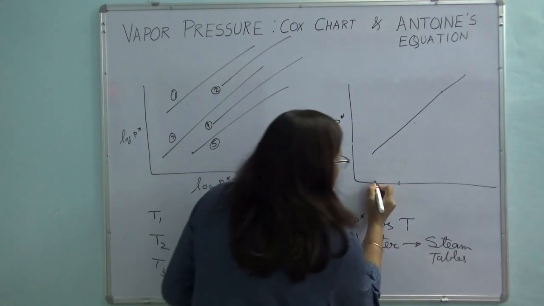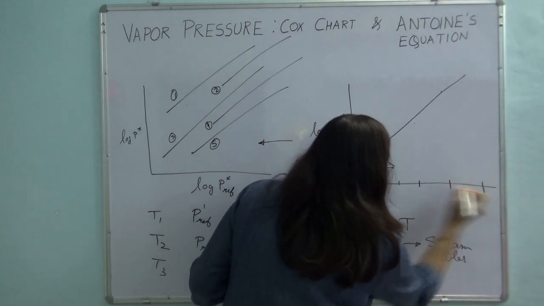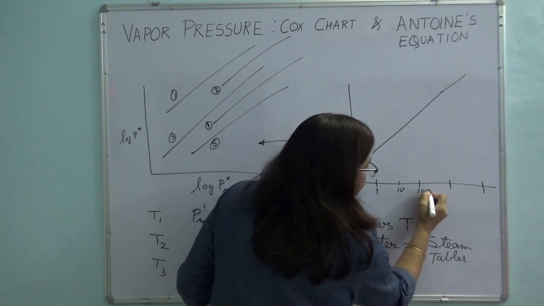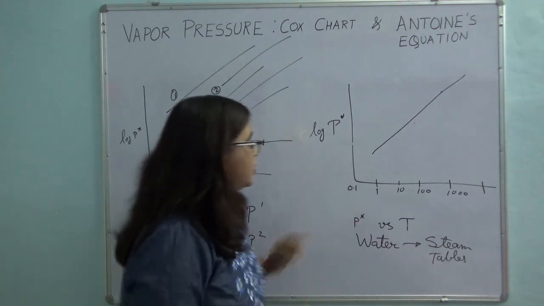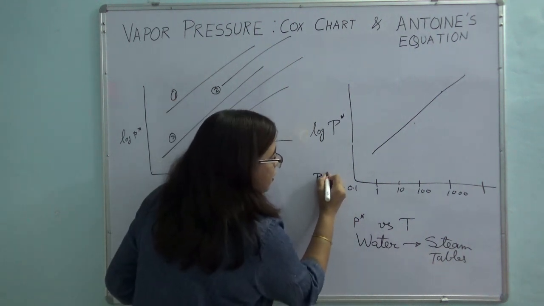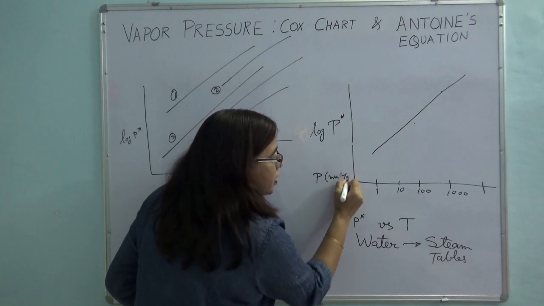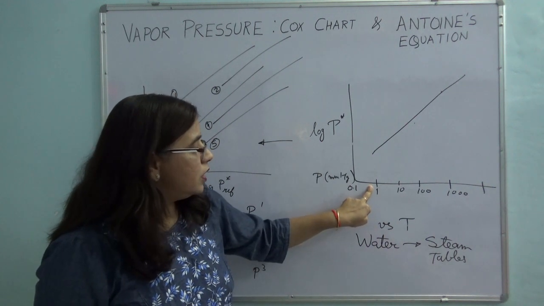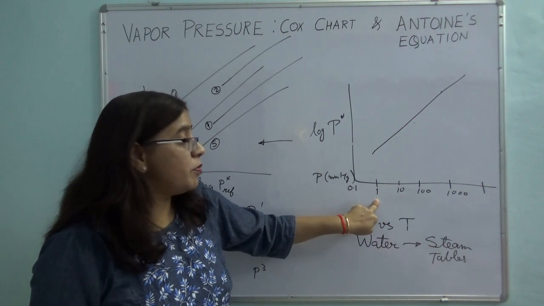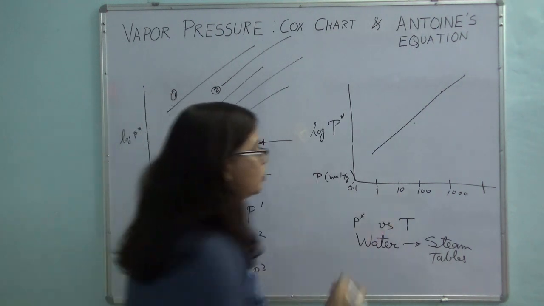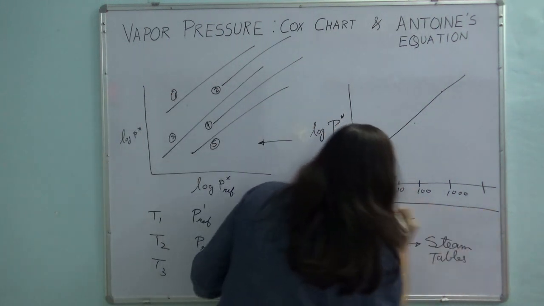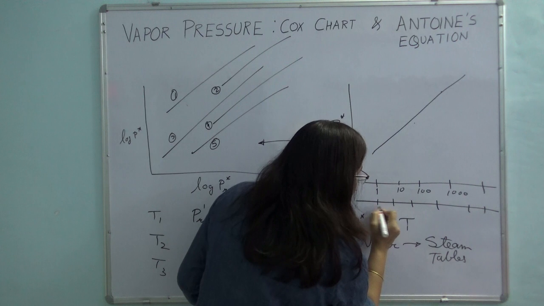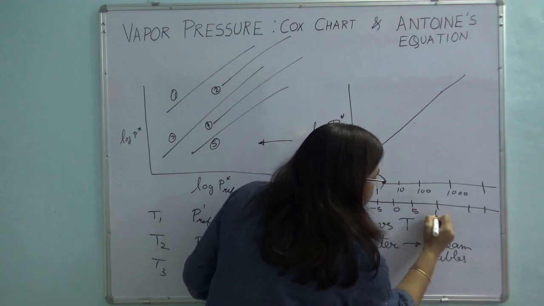So this is a log scale. I am going to mark this as, let's say, 0.1, 1, 10, 100, 1000 and so on. This is my pressure in whatever pressure units, let's say mm of Hg. Now I will go to the steam table and find out what temperature each mm of Hg value corresponds to, and I will construct another scale on which I mark my temperatures, let's say -5, 0, 5, 10, whatever.